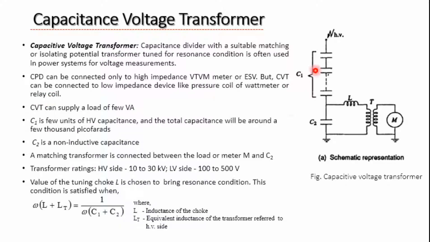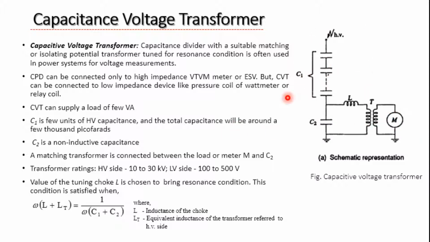So we can use it directly for the reading we want to take; we do not need additional devices for stepping down to the required value. Directly we can give it to low voltage devices like a wattmeter and relay coil. So here the CVT can supply a load of a few VA to the secondary side.